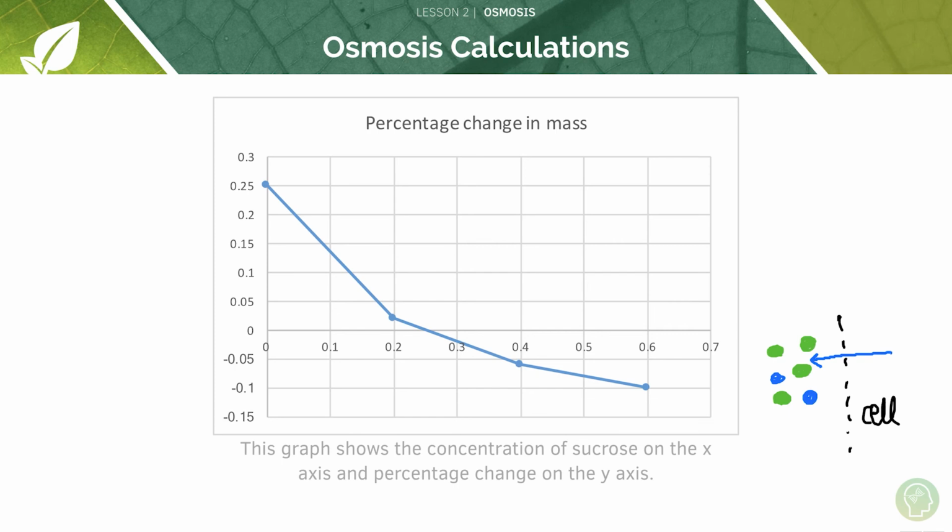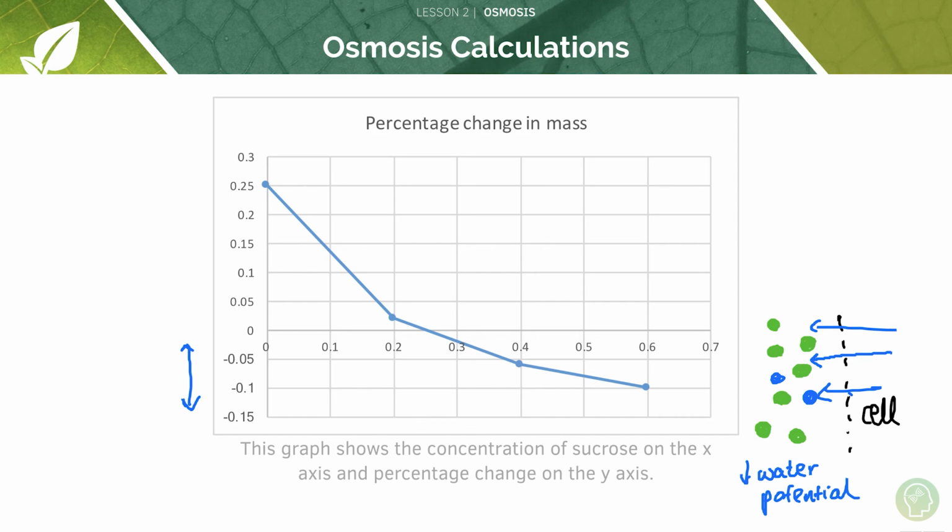So here, you can see at this stage where the sucrose concentration is higher outside of the cell, we're going to have more of these sucrose molecules, therefore the water potential is going to be lower, and therefore we're going to get more water moving out of the cell, and therefore our percentage change in mass is going to be negative because it's losing mass because water is moving out of the cell.